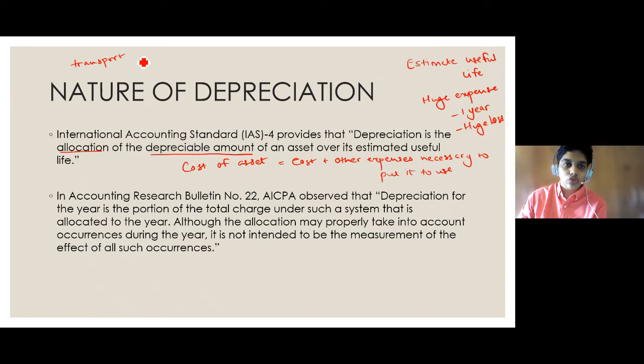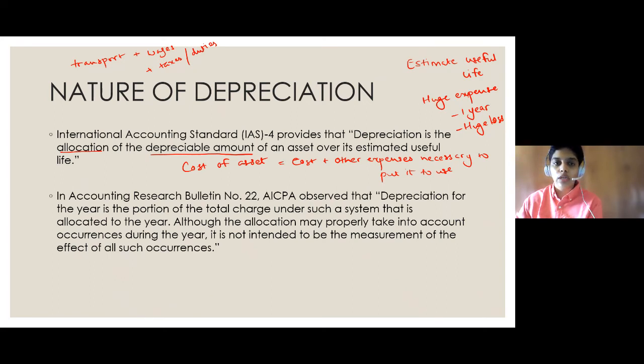Once you have transported it to your location, there may be other expenses involved. You may have to pay wages because it may have to be carried from the vehicle that has transported it to the inside of your factory or your location. Along with this, there may be certain taxes or duties that have to be paid to get that asset to your location.